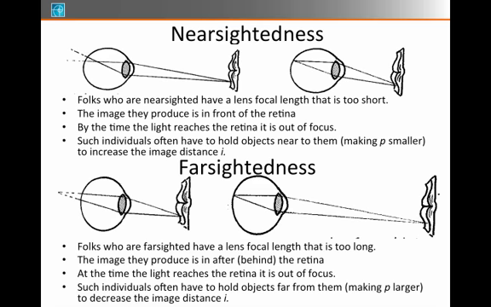Such individuals often have to hold objects far away from them, making p larger, and thinking back to 1 over I plus 1 over p equals 1 over f, when p is larger, 1 over p is smaller, and that makes the 1 over I term get bigger, or I becomes shorter. That way they're able to reduce the image distance I such that it actually equals the eye's diameter.